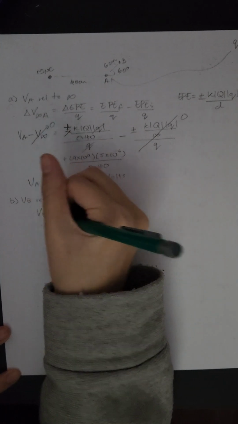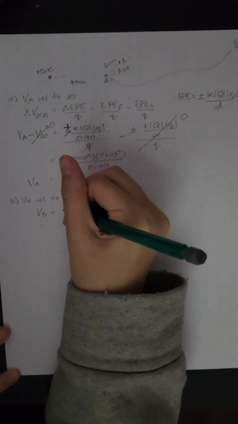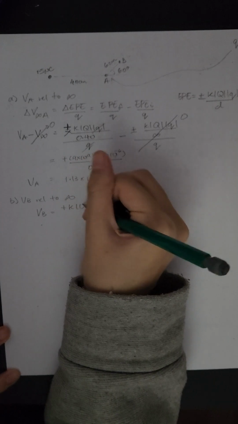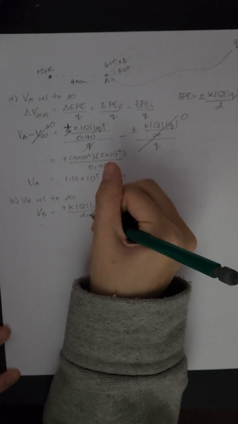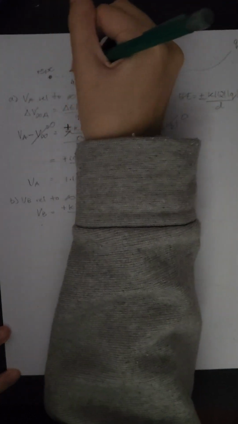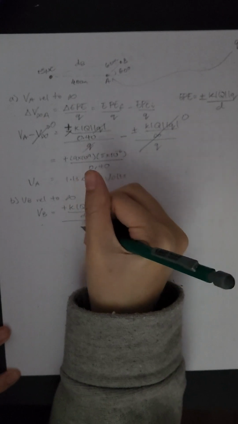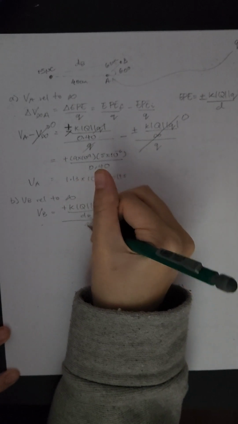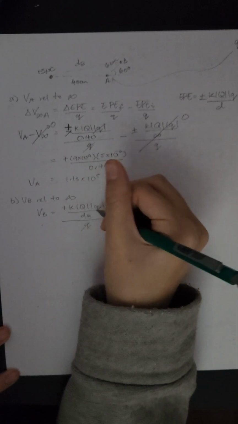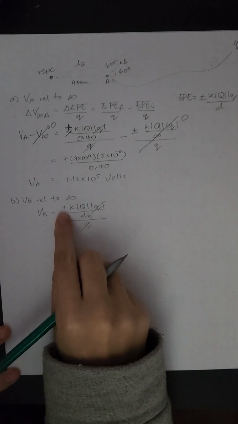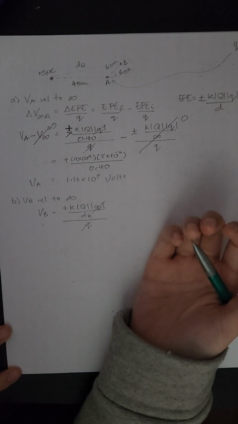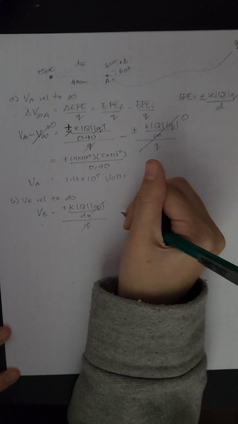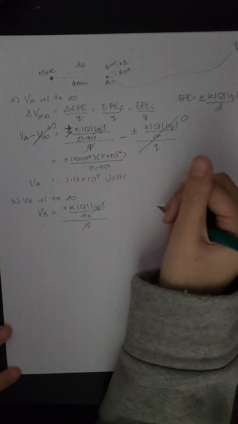So we could just rewrite this as VB equal to plus K times Q times test charge Q over, we don't know the distance between the charge and B right here, we'll just write it as dB for now, over Q. And the Q cancels out. And the plus stays the same here and here because the polarity doesn't change. So how do you find dB?